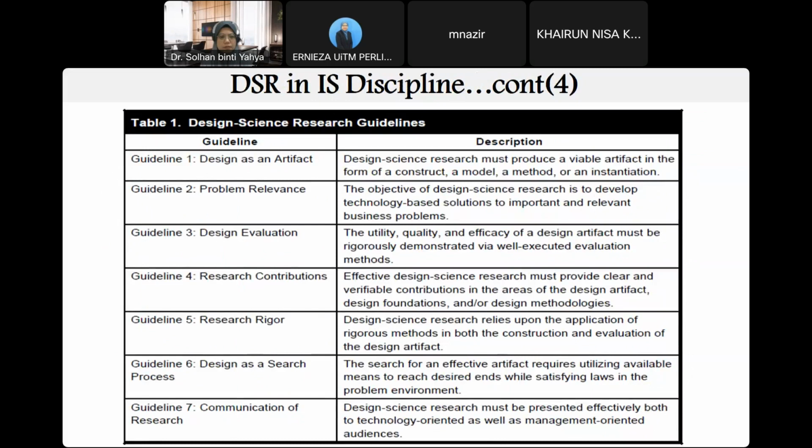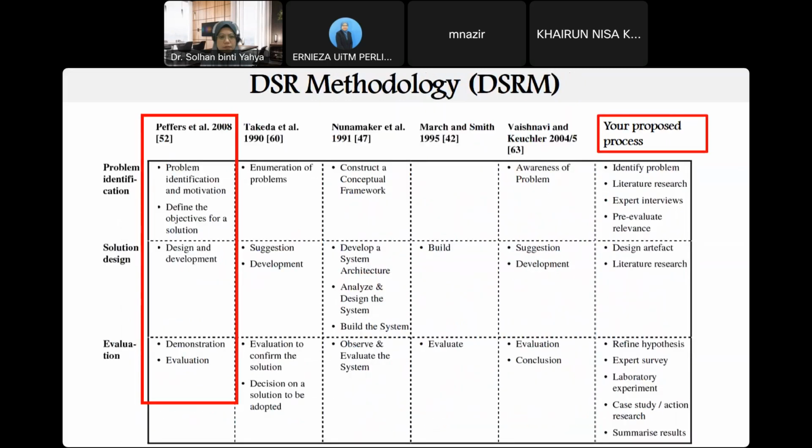After Hevner published this article, in 2008 Peffers, another guru in design science research, came up with a clear framework of how the design science paradigm can be conducted and can be used to build the thesis, right? To build the academic work, right?